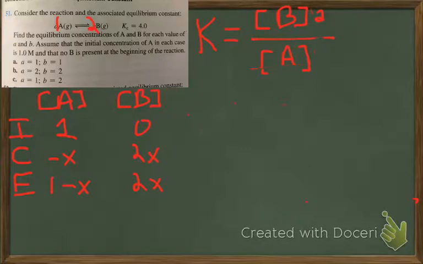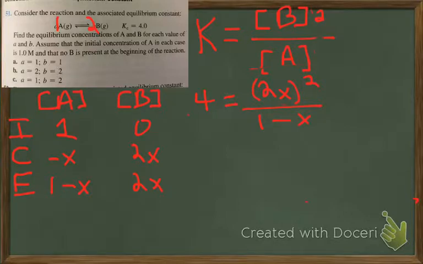Now that I know that, I'm going to do what? I still have that same value of 4 that they told me, and I'm going to plug in for B 2x squared divided by 1 minus x.